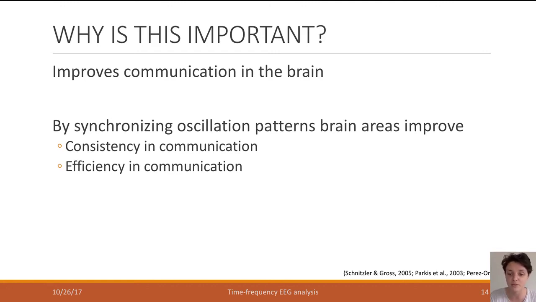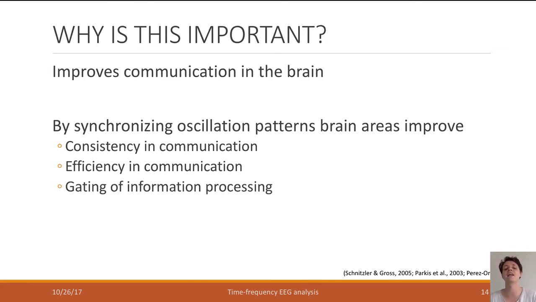So if you know that your oscillations and the other oscillations are synced, you know when to send the signal in order to generate the biggest response from the second area. And therefore, you don't need as many different signals, but maybe only one or just a very short burst at that particular time, which improves efficiency in communication.